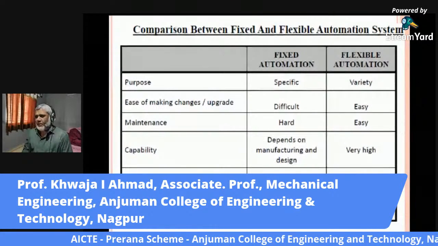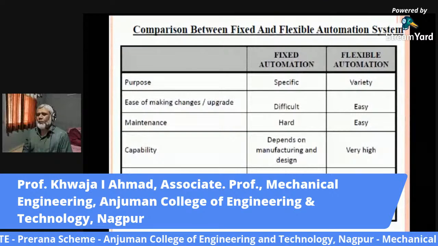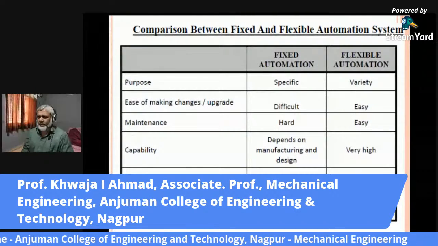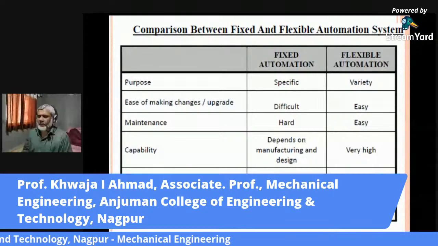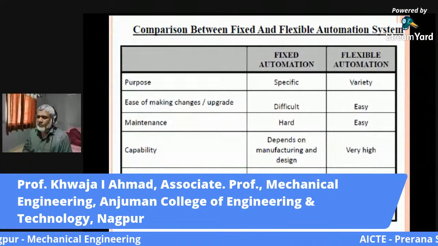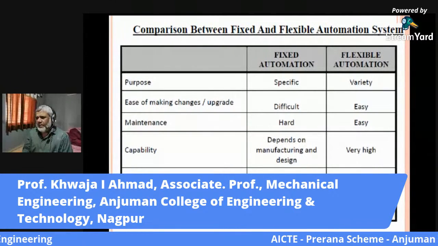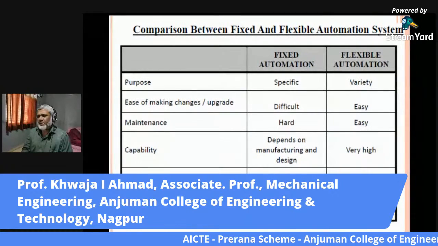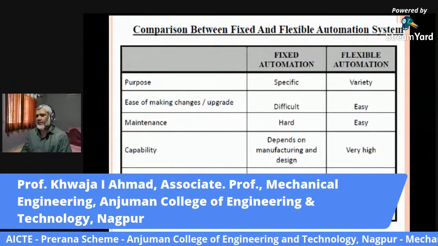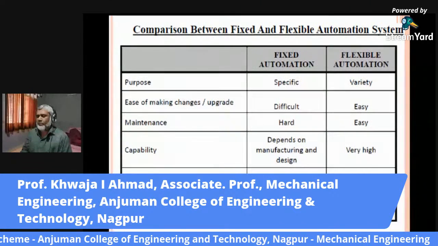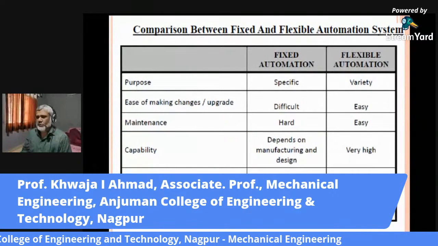Whereas in flexible automation, any type of product can be manufactured with a little bit of changeover on the automation machines. In fixed automation, you can make little changes in specification, but you cannot make different variety products or components on a fixed automation.